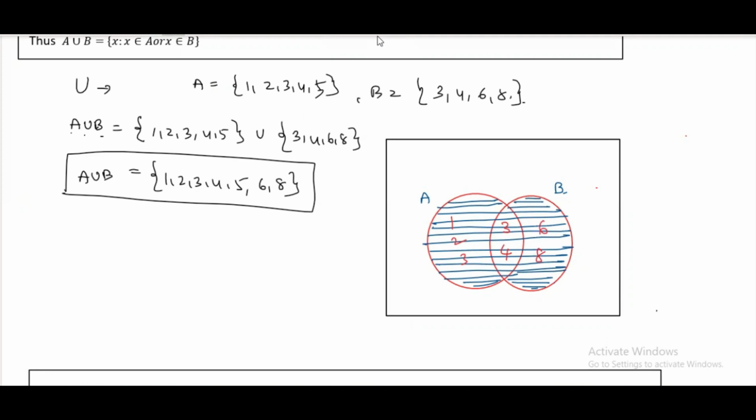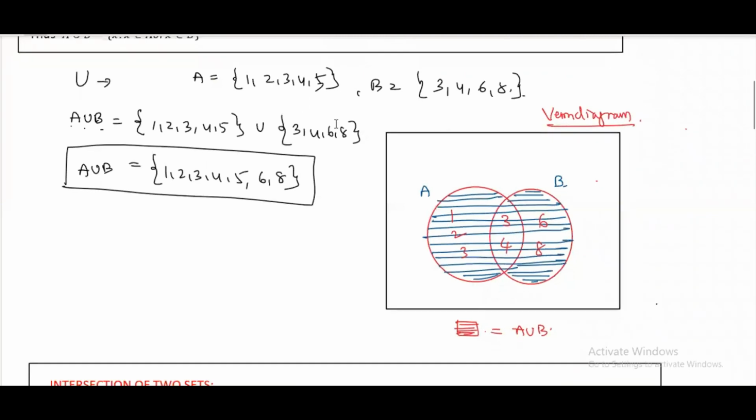So this is the way we represent A union B. Here this shaded part is taken as A union B. So this is called a Venn diagram.